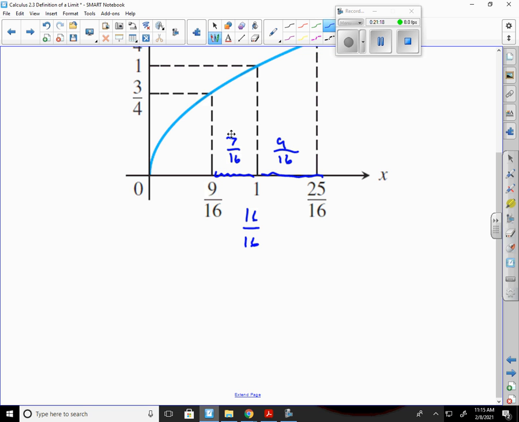You go with the lower, so it would be 0 is less than x minus 1 less than the lower distance, 7/16. So my delta would equal 7/16. All right, you're getting a homework assignment on this.